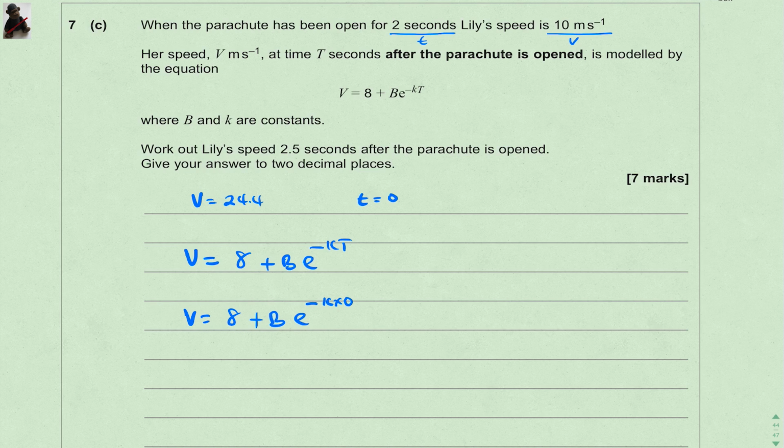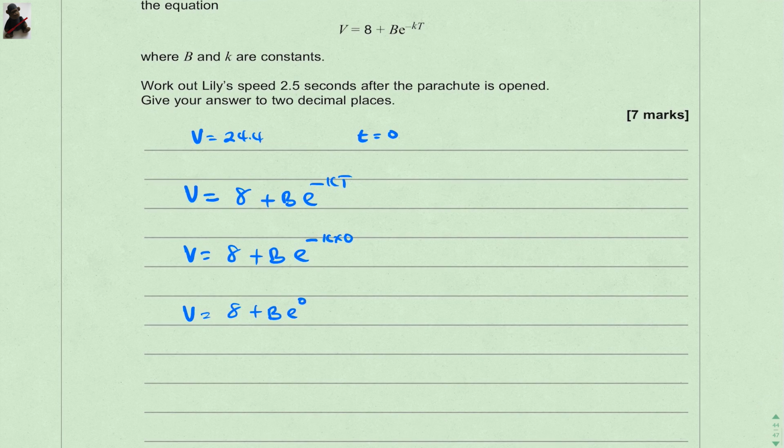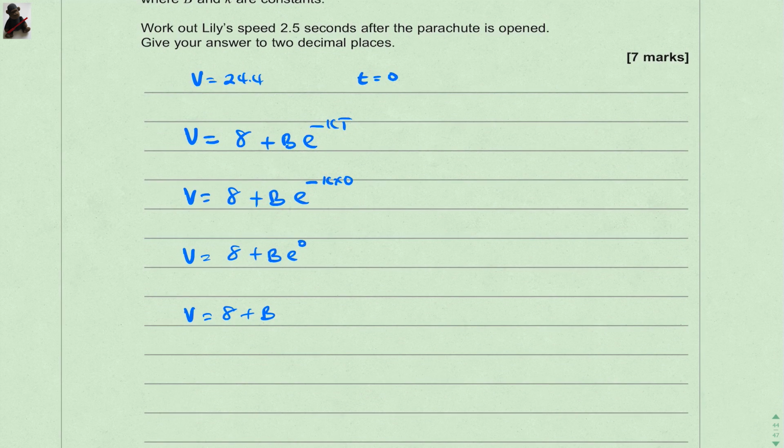And k times 0 is 0, so I get v equals 8 plus b e to the power 0. E to the power 0 is 1, so I'll get v equals 8 plus b. But my v is 24.4, so I'll put 24.4 equals 8 plus b.